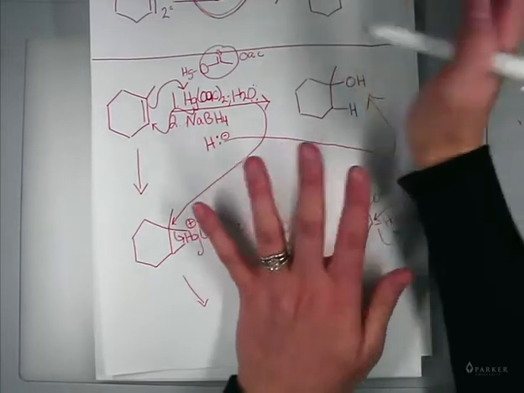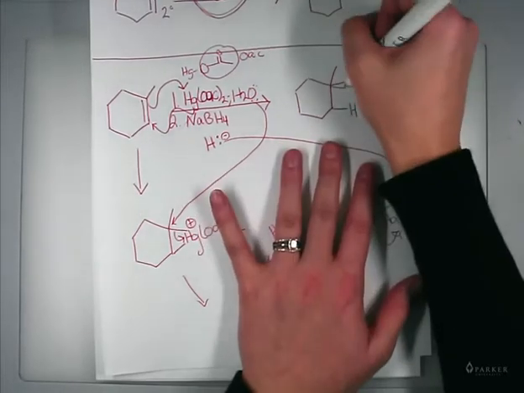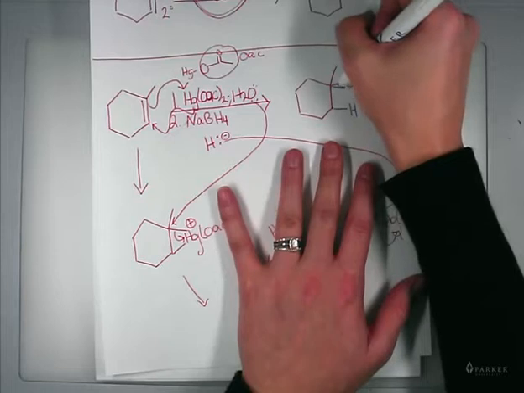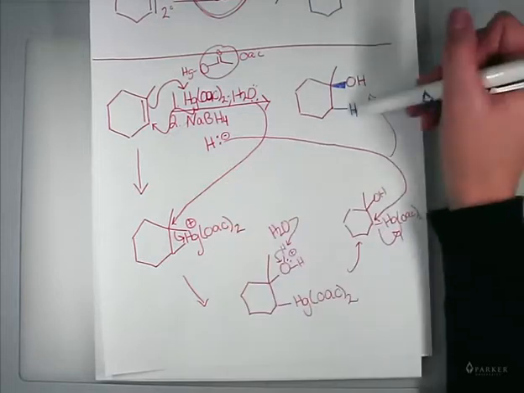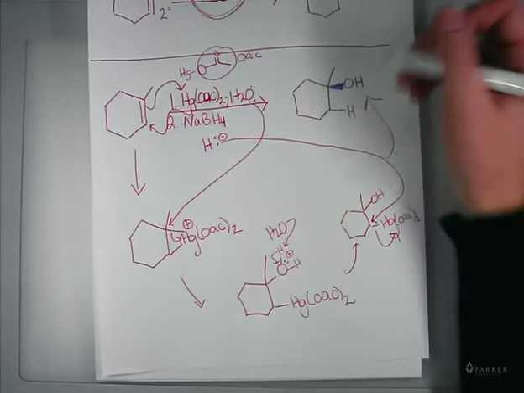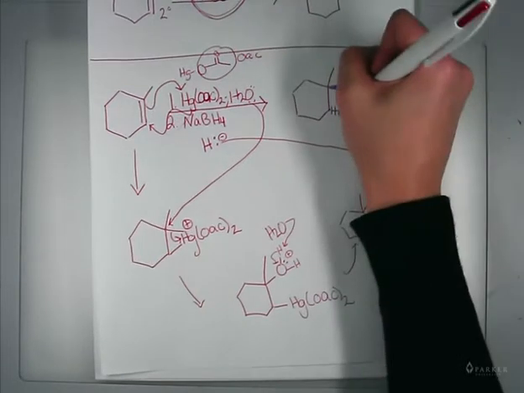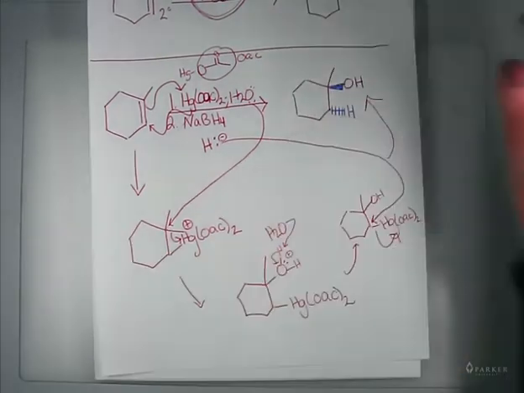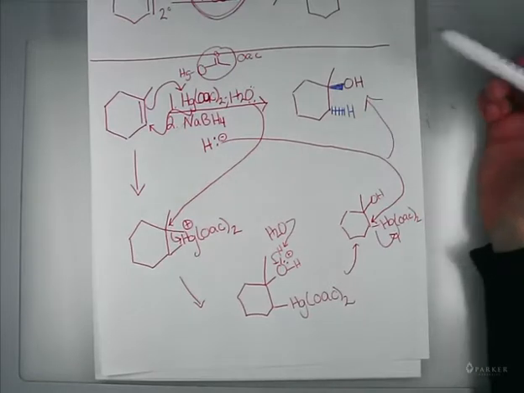If this OH added on a wedge, so it came from the front, and I tell you this is anti-addition, where do you think the hydrogen came from? That's a wedge, so this would be a dash. They're always going to add anti, or trans-like.